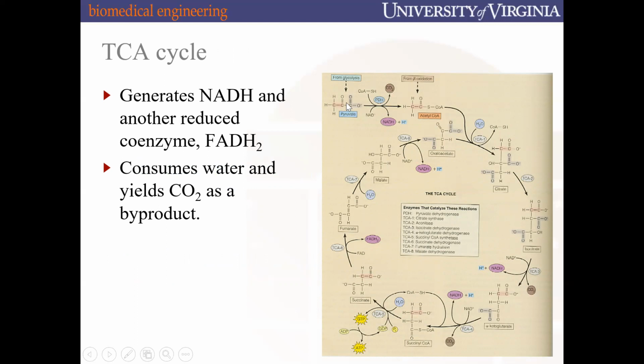Here in the upper left corner, you can see we're starting with pyruvate. If you remember, this was the product of glycolysis. In order to prime this pyruvate to enter the TCA cycle, first we need to work with the pyruvate dehydrogenase complex, or PDH.